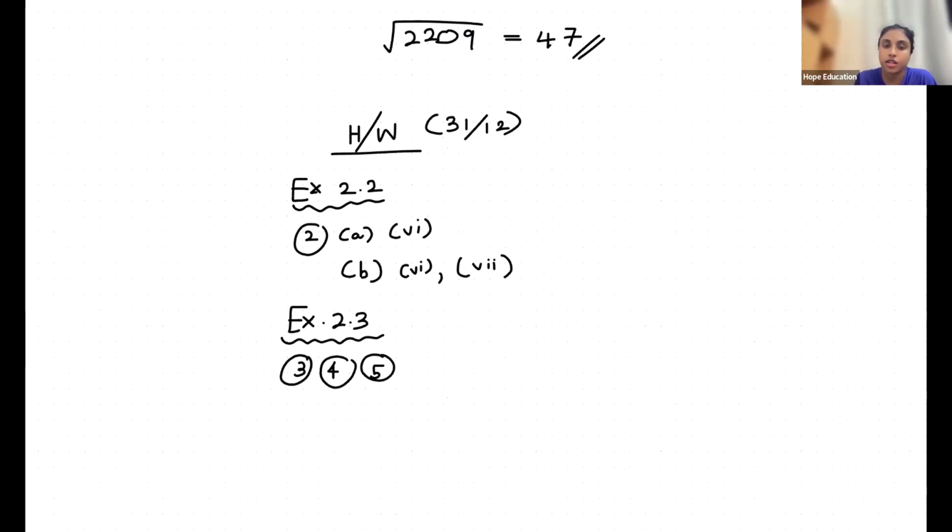Sandaru, Basma, Sasheli, Alia, Jevindu. What about Joshua and Kushit? Everything we did today, it's clear? Joshua, Kushit, all clear? All good? Joshua?